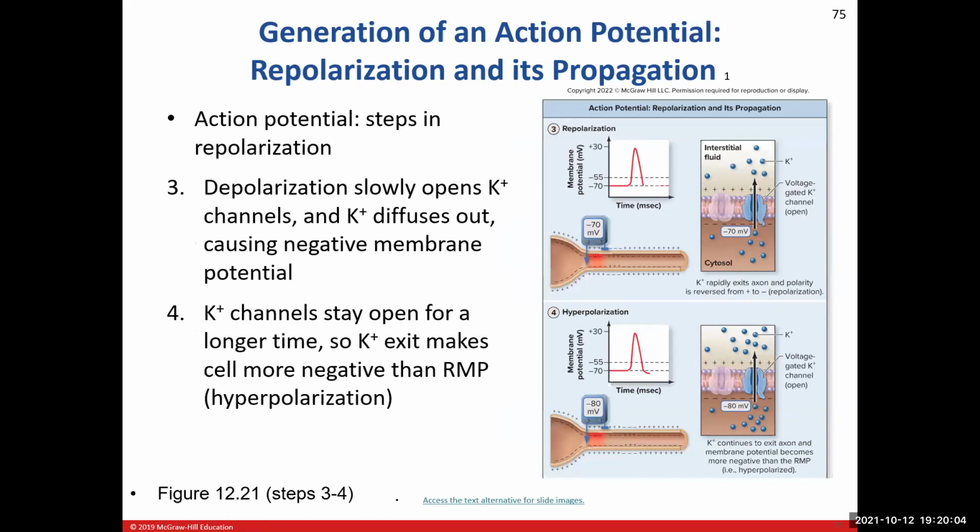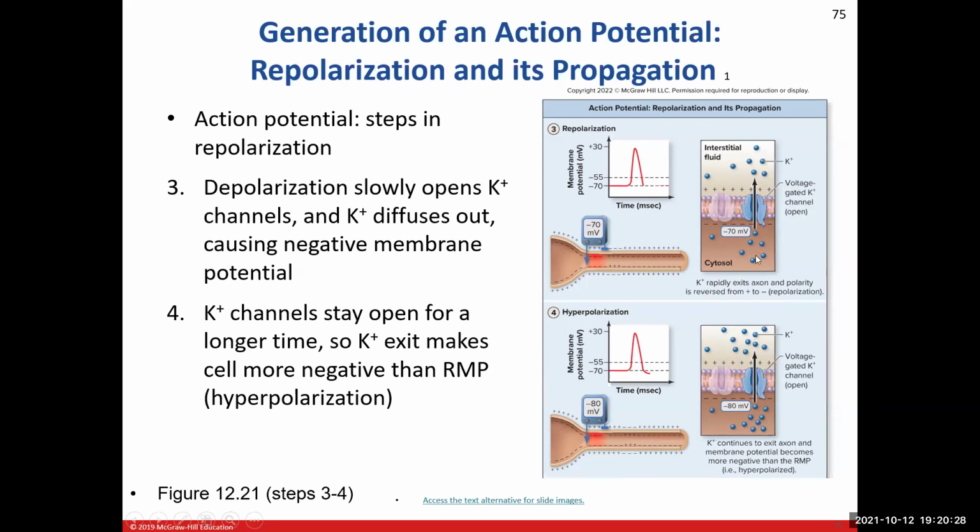Now our voltage-gated sodium channel is closed. And so what we see now is the opening of our voltage-gated potassium channels. Once we get to that positive 30 value, that triggers the opening of these voltage-gated potassium channels.